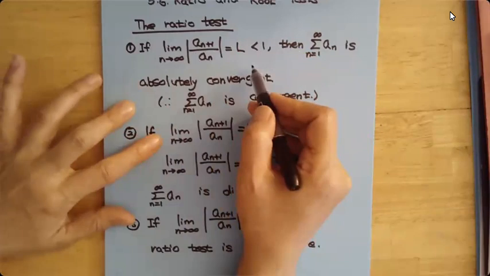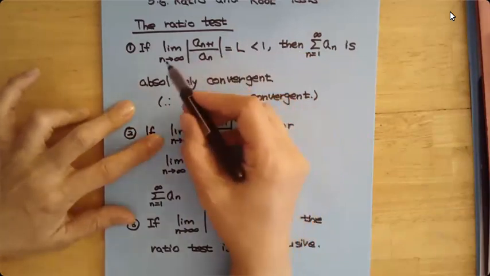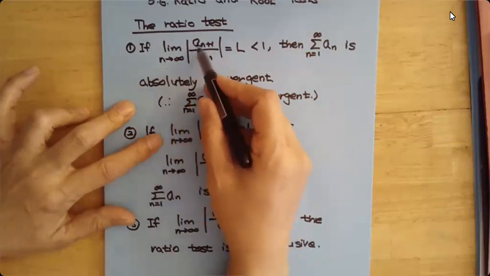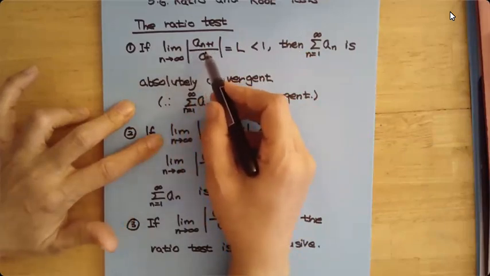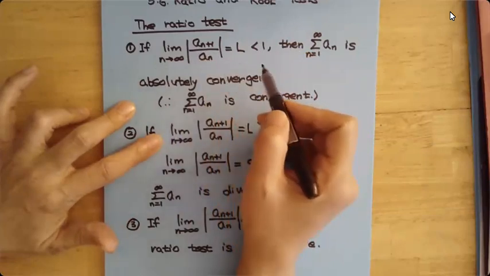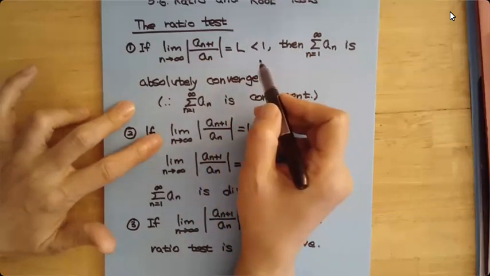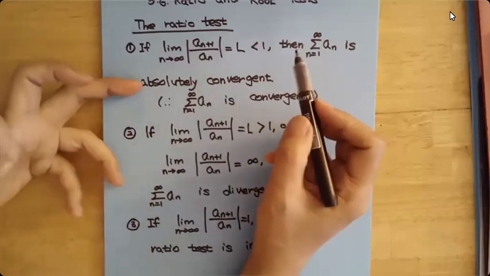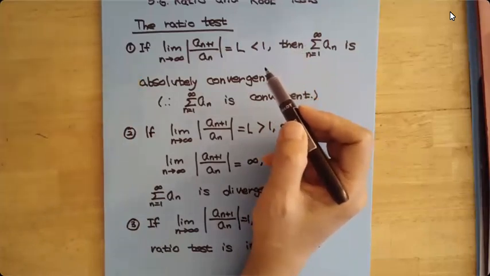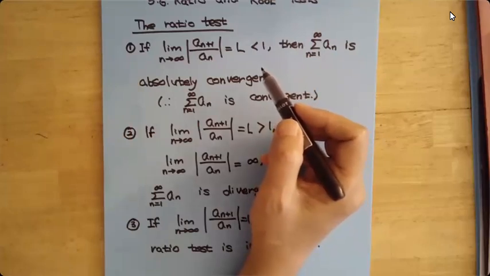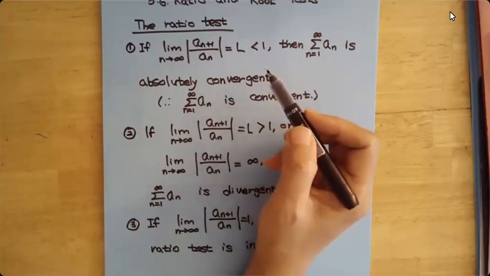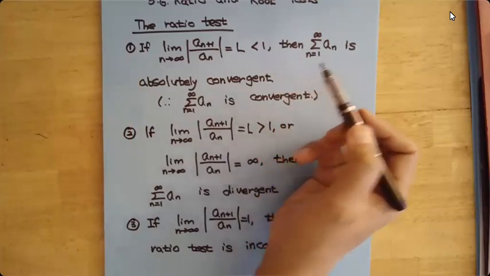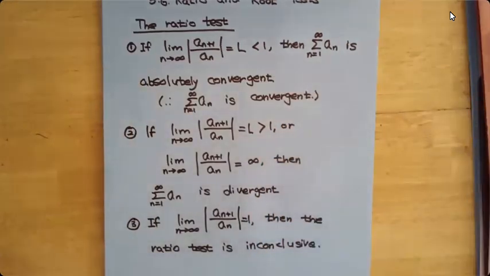For example, if you think about the harmonic series, when you apply this ratio test, the ratio of the consecutive terms will approach 1 instead of strictly becoming less than 1. So when the sequence satisfies the ratio test, the speed of decay of the sequence will be faster than just decreasing, and fast enough to make the series converge.